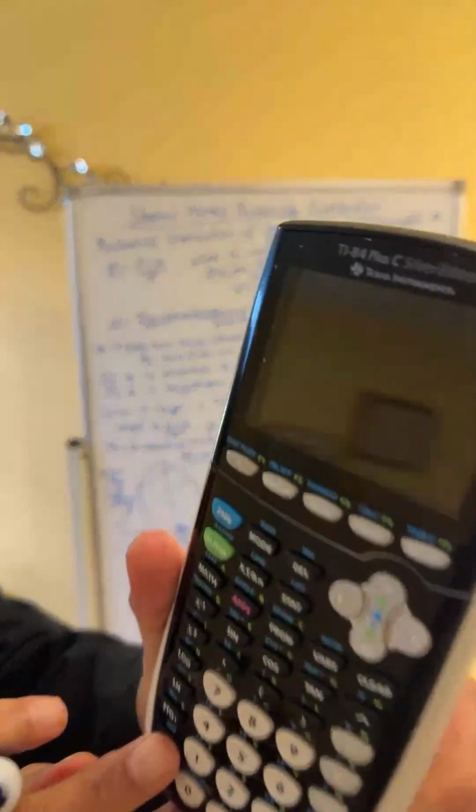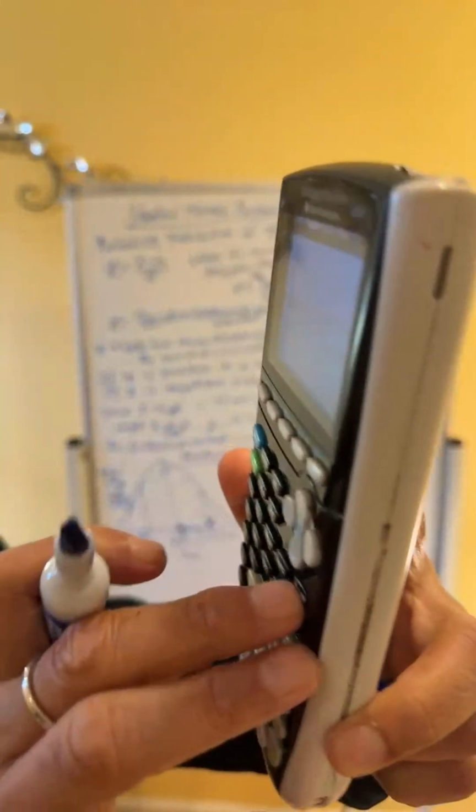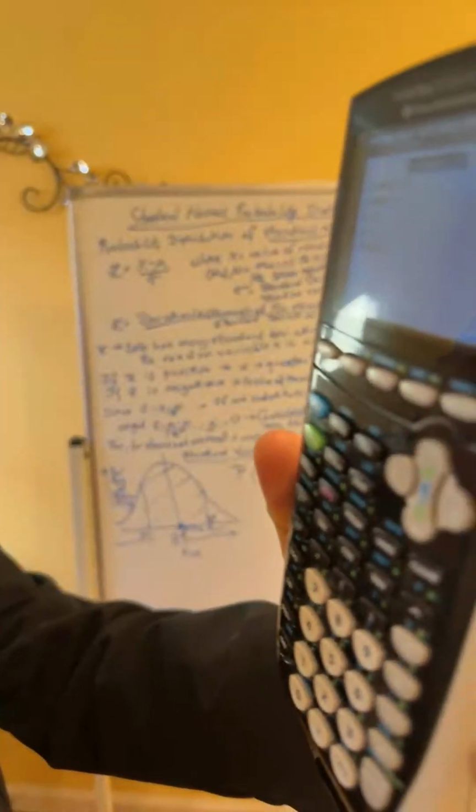So on our TI-84 calculator, we press the 2nd key first, then the VARS key, which is in the third row, and then number 2. Number 2 will be normalcdf.